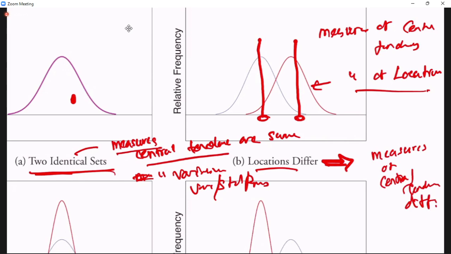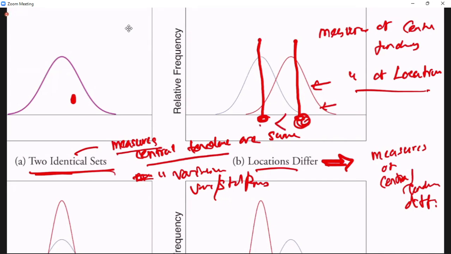You can directly see that from the graph. Here, the mean lies around here for the red curve. But for the blue curve, the mean is somewhere here, and that value is less than this value.